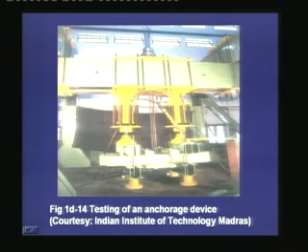The jacks are holding another horizontal beam which is holding the strands at one end. The anchorage device has been placed at the top, and as the jack is applying the load, the lower beam is moving downwards and hence it is applying tension in the tendons, which is transferring the tension to this anchorage block, and like this the anchorage block can be tested for its strength.